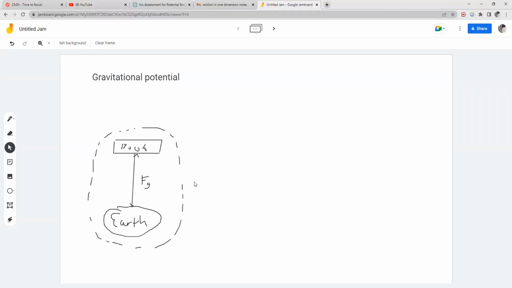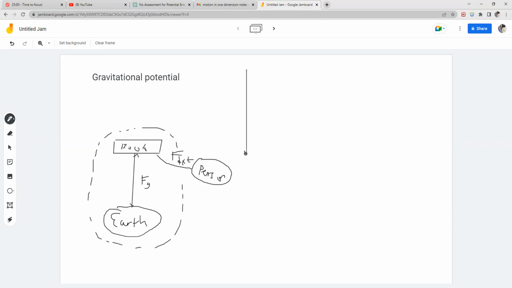Now, let's say, for example, there is another player involved, maybe a person, and the person is applying an external force in this case. External because the person is not part of the system. And what if by applying this external force, the height of the book increased?